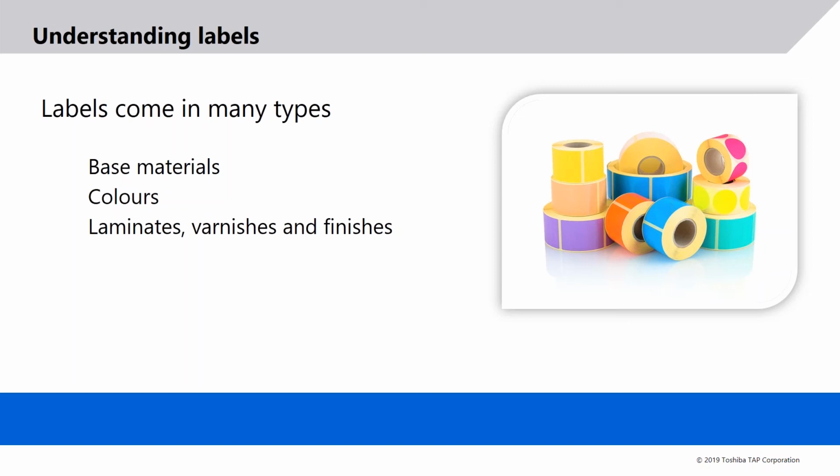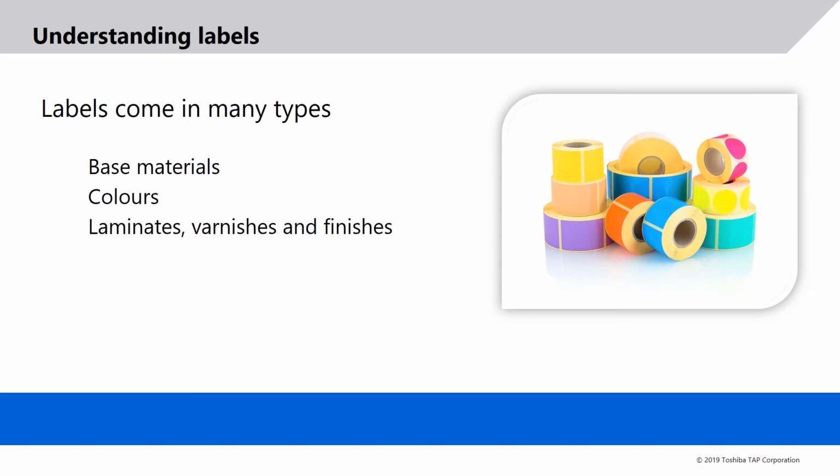You might find that the colors can also affect the print quality that you get, because we're flood coating the top of that label, it makes it harder for ink to transfer to that stock. And finally, things like varnishes and finishes just make it a bit more tricky to get the finesse that consumers typically need when they're doing, for example, fine printing.